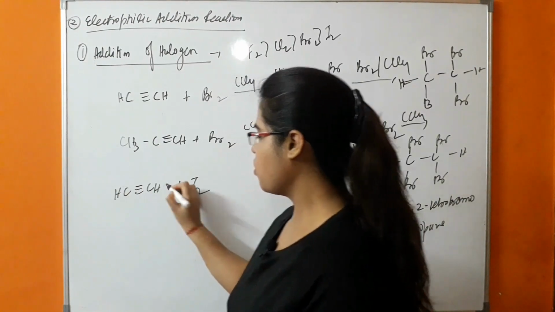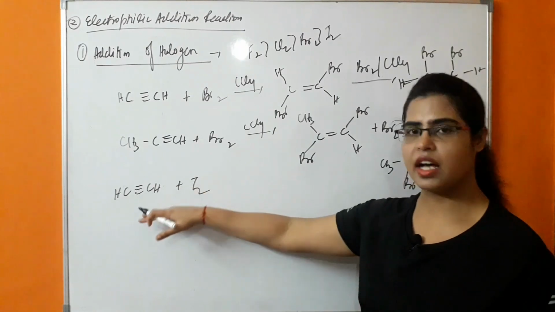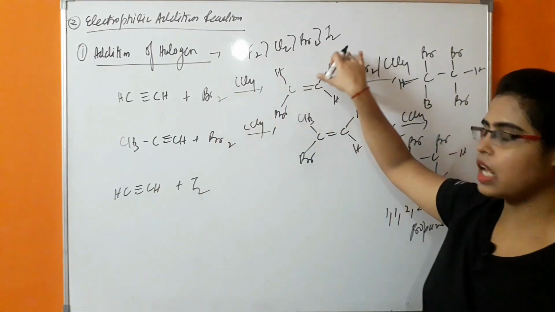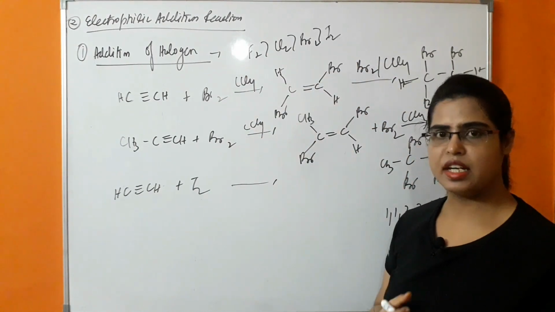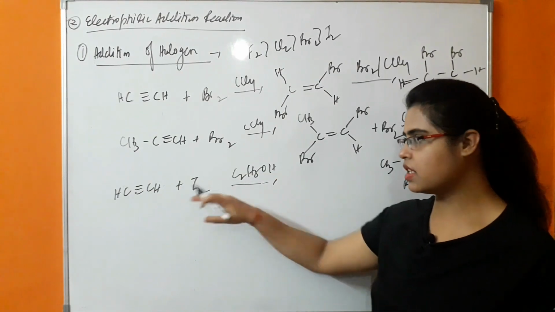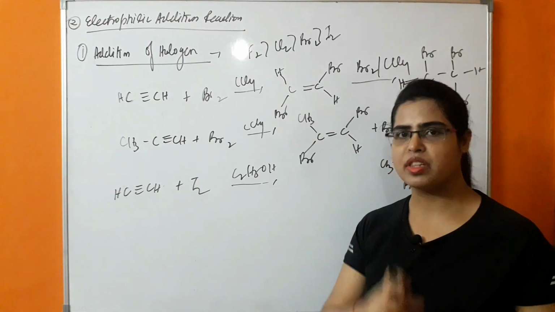Whereas in the case of iodine, this reaction is not taking place directly with iodine because iodine is the least reactive of all halogens. So in the case of iodine, ethanol is taken. It means in the presence of ethanol solvent, this iodine is reacting with acetylene, but the reaction will stop in the first step.